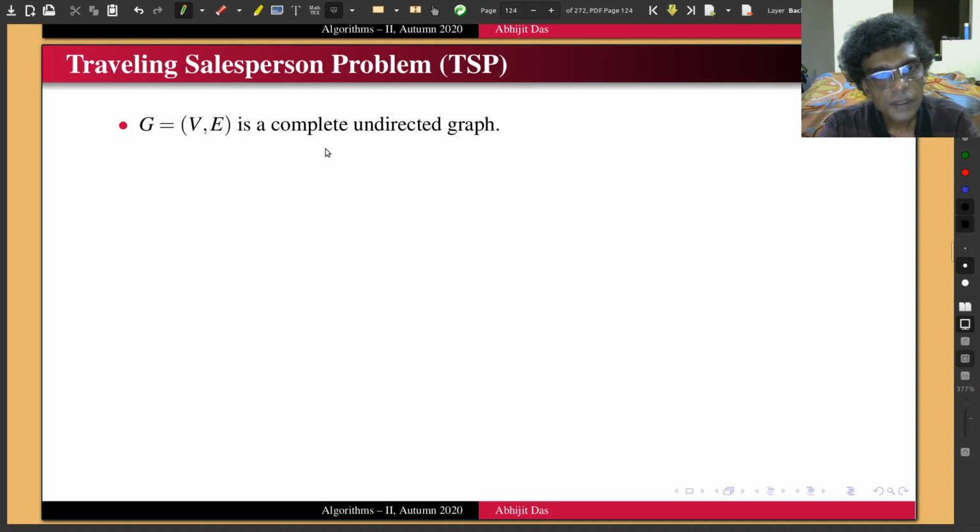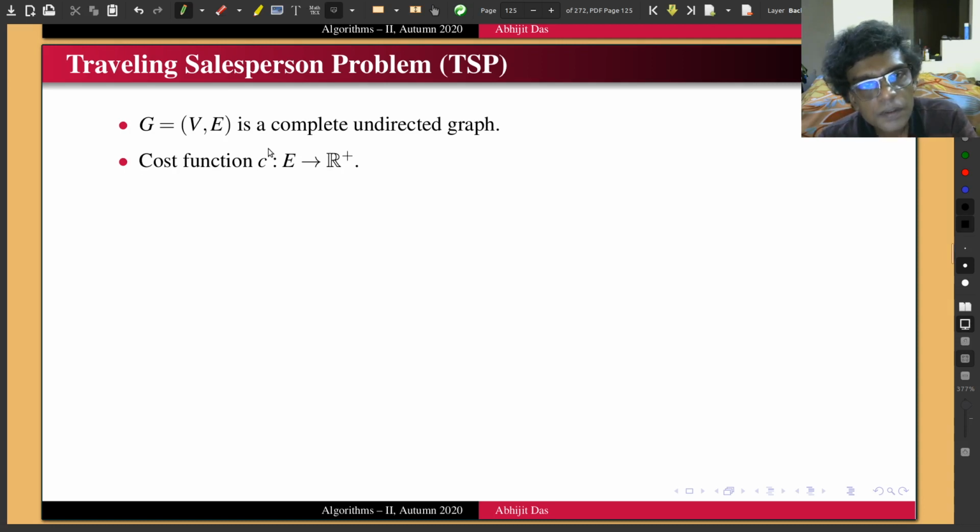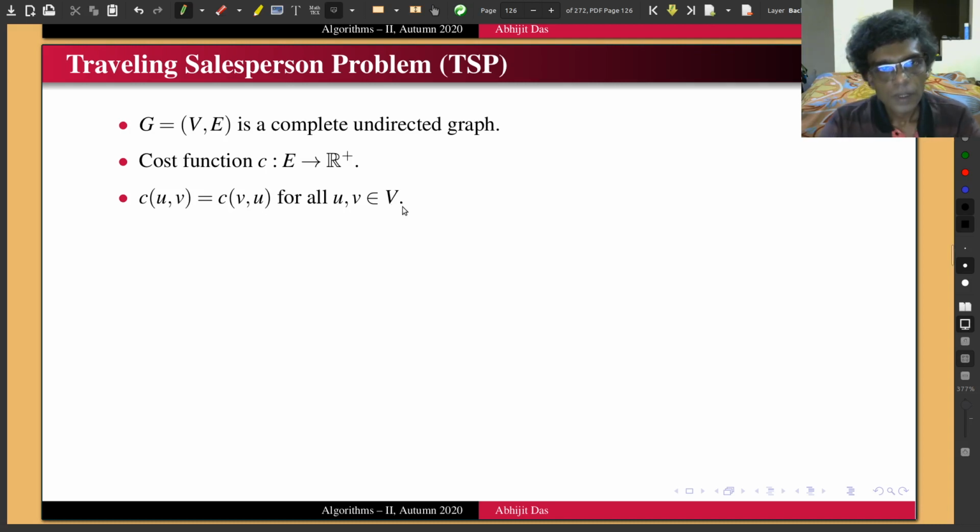Moreover, there is a cost function c that associates a positive real cost to every edge. And we assume that this cost is symmetric because we are talking about undirected graphs. So we assume that c is symmetric, that is, c(u,v) equals c(v,u) for all u, v in V, of course, assuming u is not equal to v.